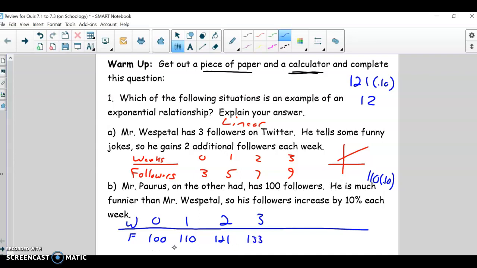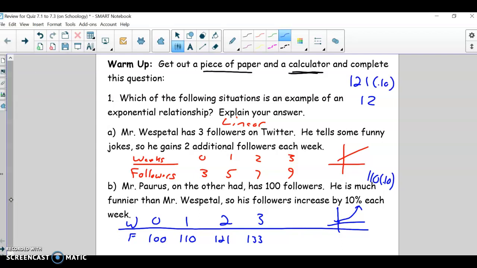So you can see Paris is not going up in a consistent amount. His is going to start slowly, grow slowly in the beginning, but eventually it's going to go higher and higher, because 10% of a bigger number is a bigger value. So over time, that 10% increase is more significant. So his would be the example of the exponential.